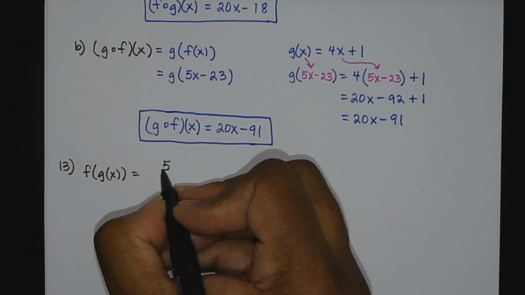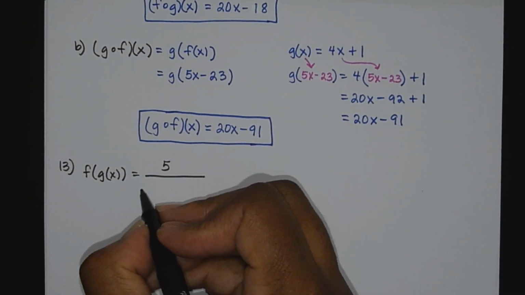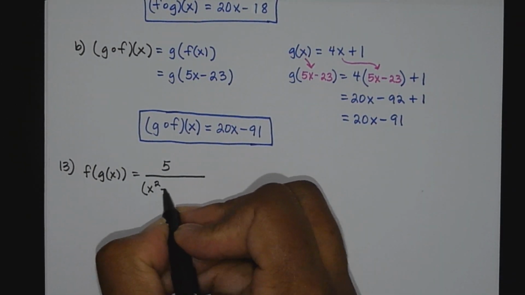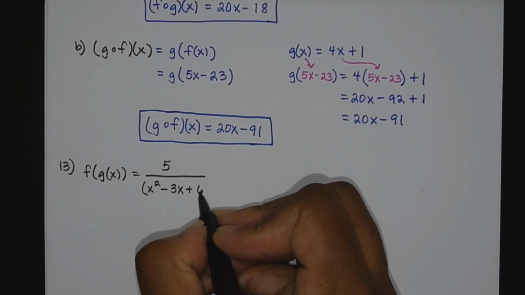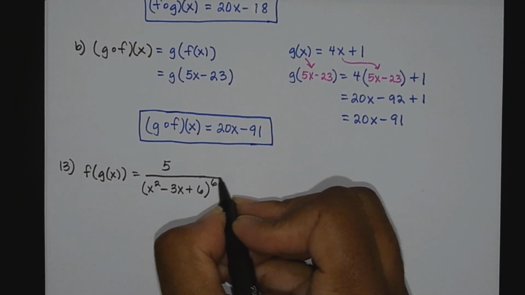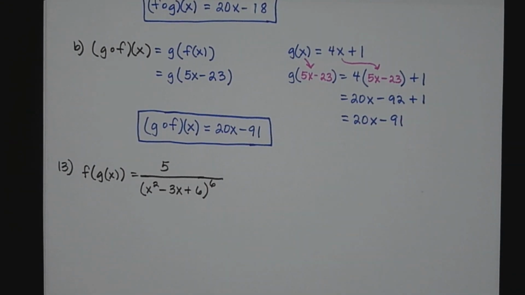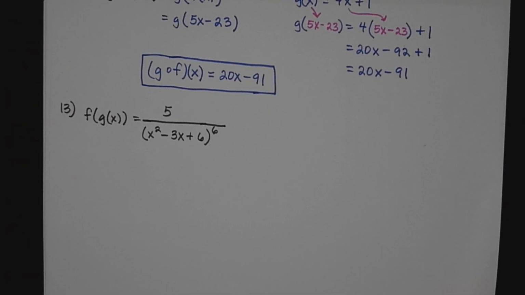That's equal to 5 divided by the quantity x squared minus 3x plus 6 raised to the 6. And we want to find out what f of x was and what g of x was to begin with.